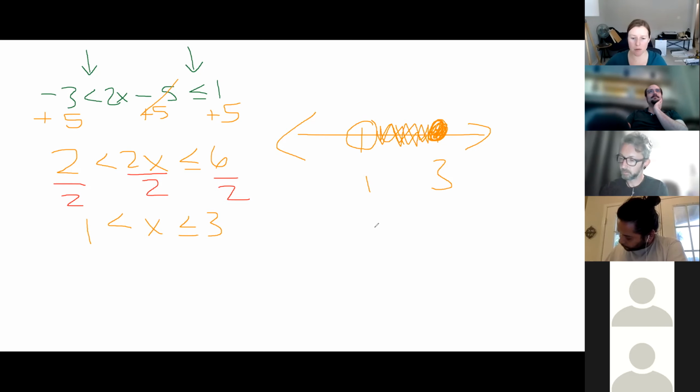And then for our interval, are we gonna have brackets, parentheses? What are we doing? Brackets. Bracket on the 3, because it's a closed circle. And parenthesis on the 1, because it's an open circle.